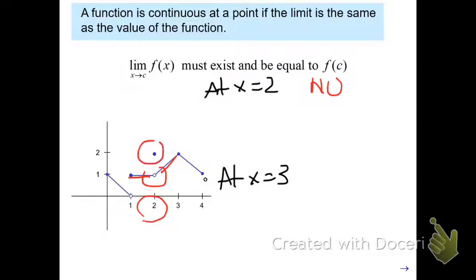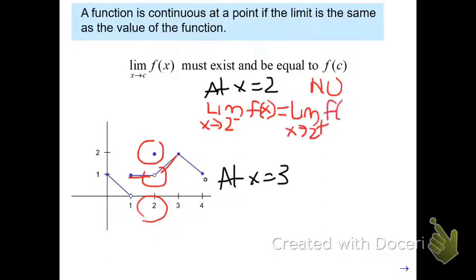So here's how I write that. The limit as x approaches 2 from the left does equal the limit as x approaches 2 from the right, but it doesn't equal f of 2. Why?